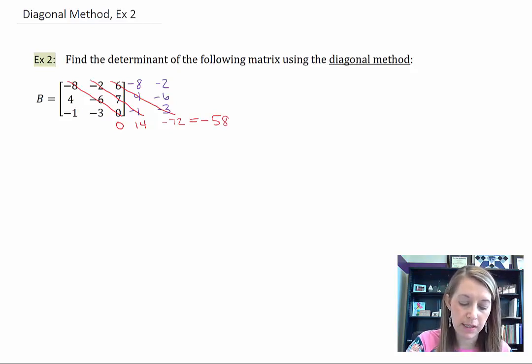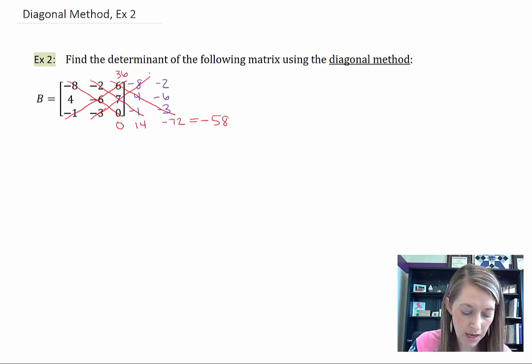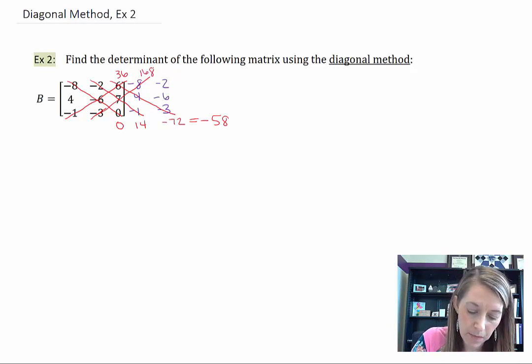Then I do the same thing with diagonals going the other way. So I have negative 1, negative 6, 6, so that gives me positive 36. Negative 3 times 7 times negative 8. So that's negative 21 times negative 8, which gives me positive 168.